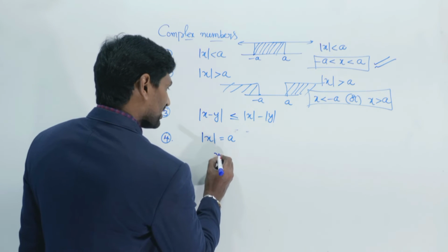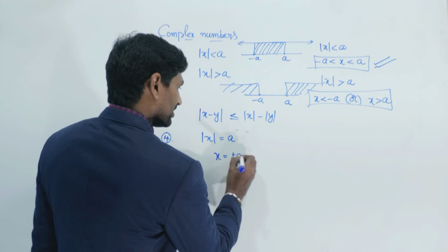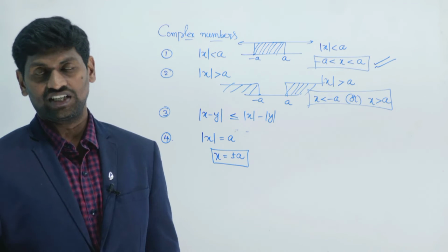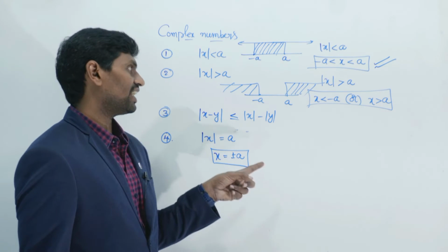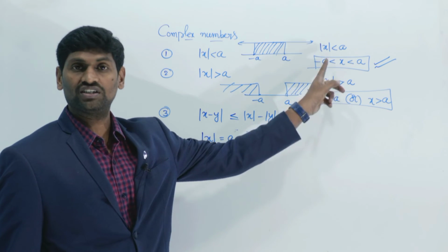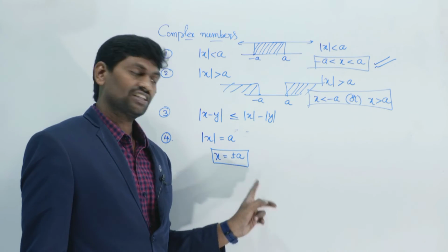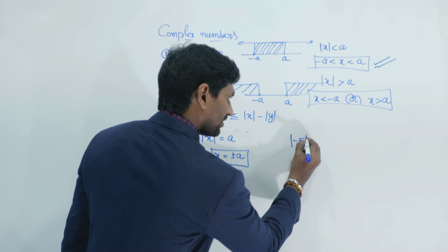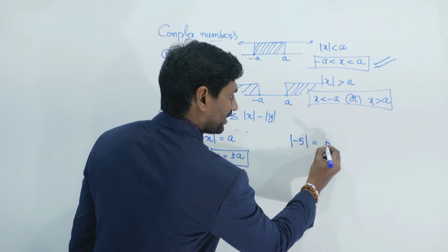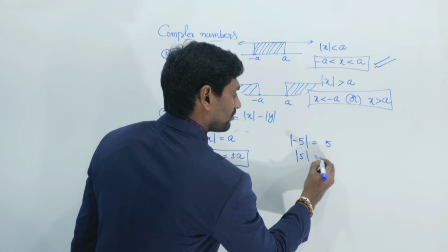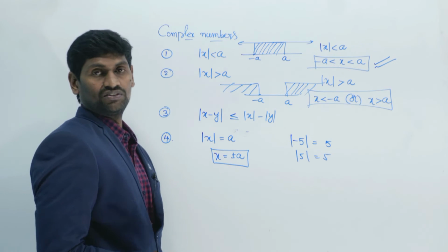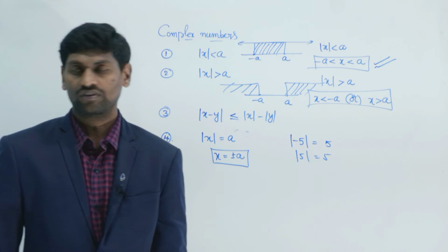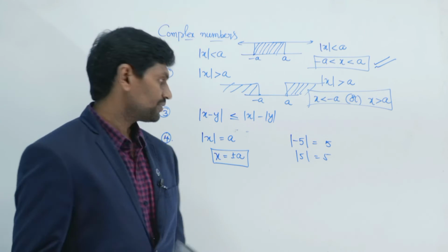Your answer is x equals plus or minus a, because whenever it is less than or greater than symbols, we use those two conditions. Equal to means plus or minus a, because modulus of negative 5 is 5, and modulus of 5 is also 5. Whether x is positive or negative, you get the same answer. Option 3.